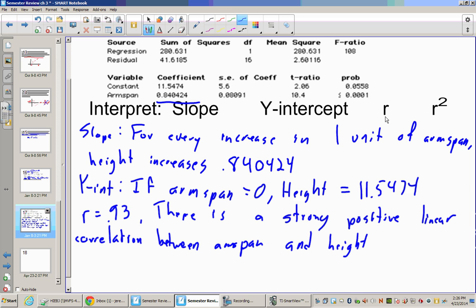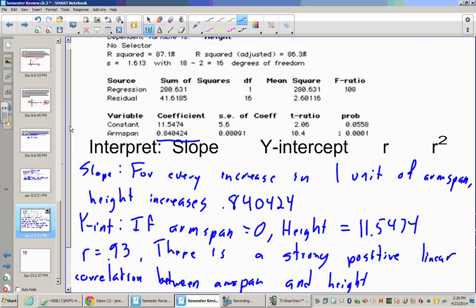Now our last one it tells us to do is r squared, which is 87.1.